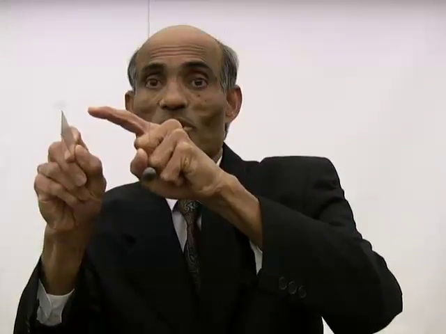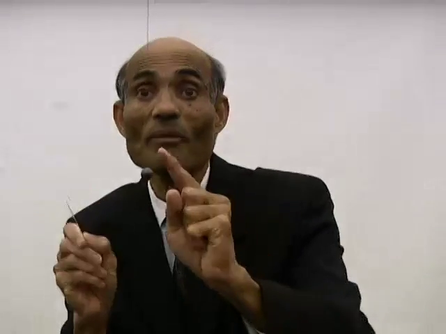Electric field of this charged object is a three-dimensional space around that charge where it will exert force on other charges. Isn't that a good definition of electric field? So what is the definition of electric field? Electric field is a three-dimensional space around a charge where it will exert force on other charges.